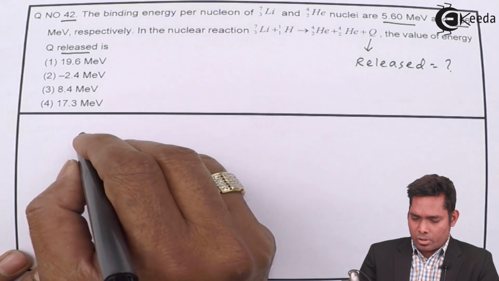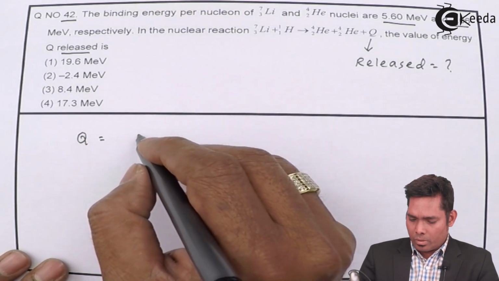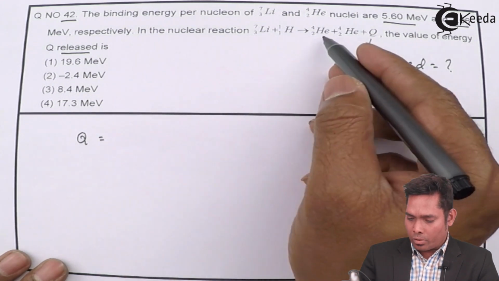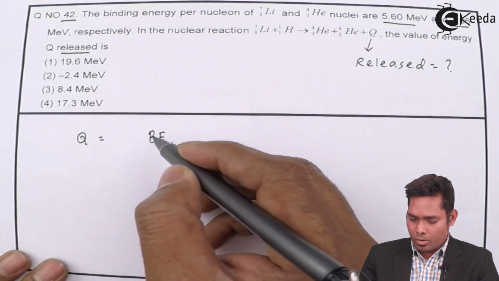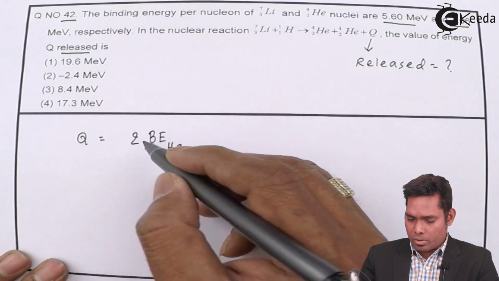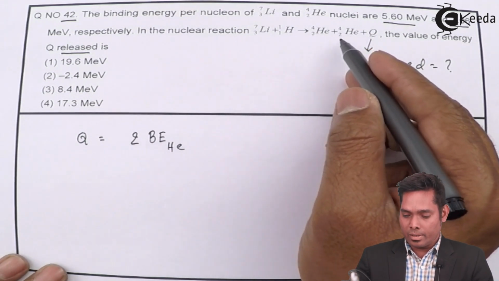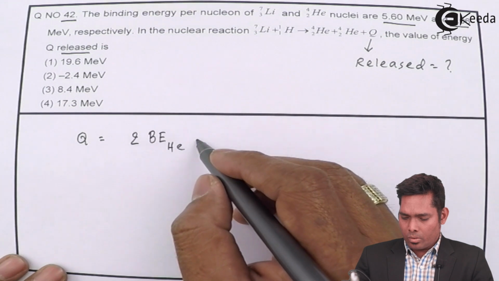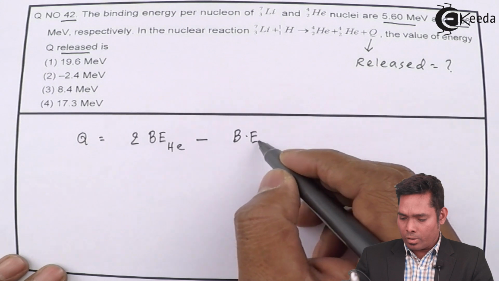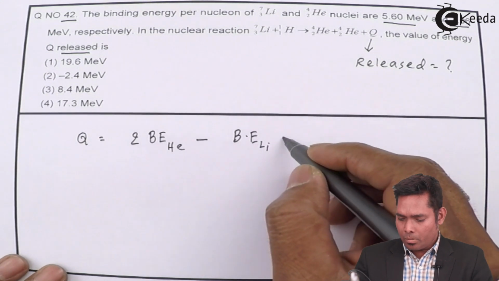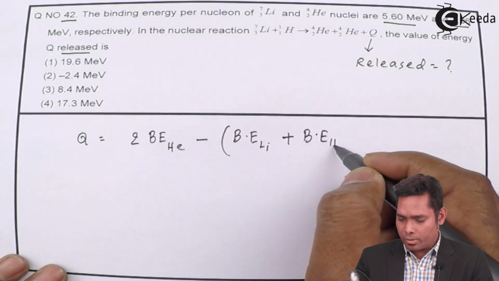The energy released Q is the binding energy of helium, that is 2 times the binding energy of the helium nucleus, minus binding energy of lithium plus binding energy of hydrogen.